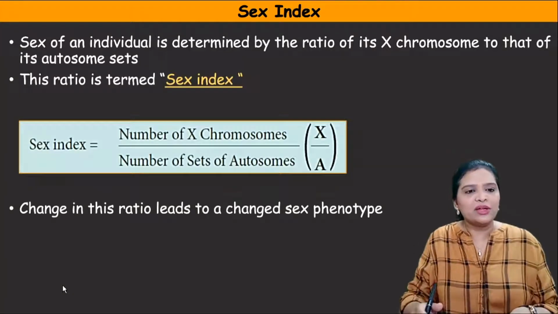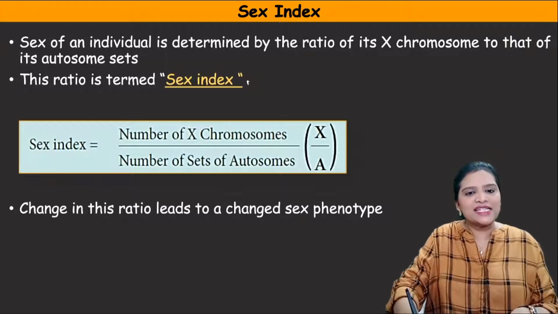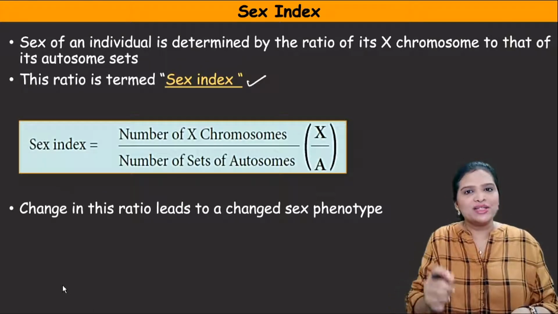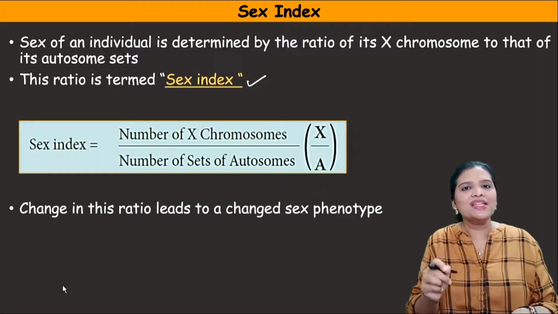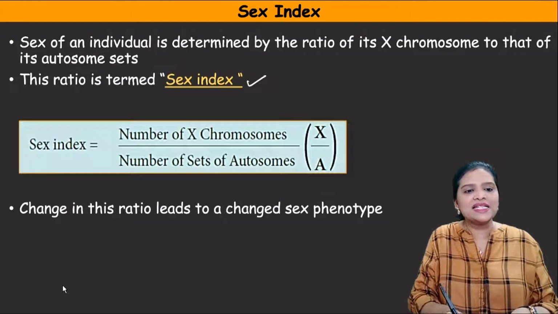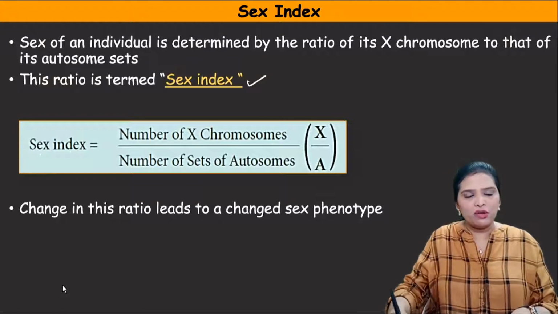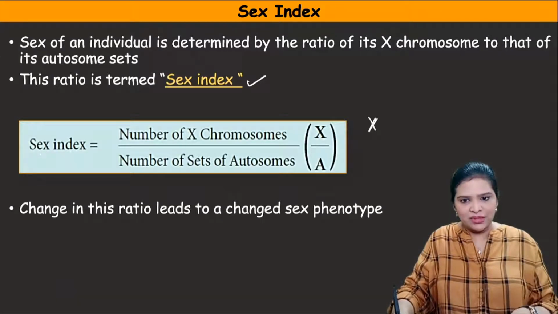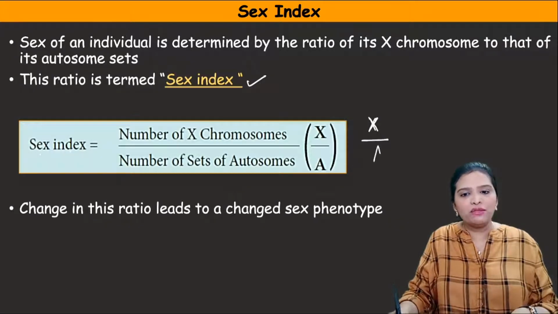In order to calculate that, we have something called the sex index ratio. This is given by Bridges. So what is this ratio? This is done using a formula. The sex index is equal to the number of X chromosomes divided by the number of sets of autosomes in this organism. Got it?